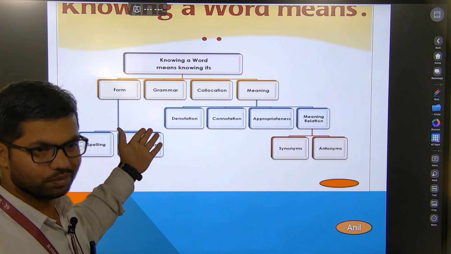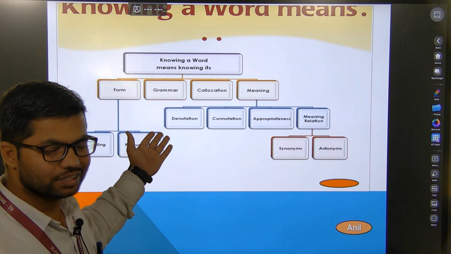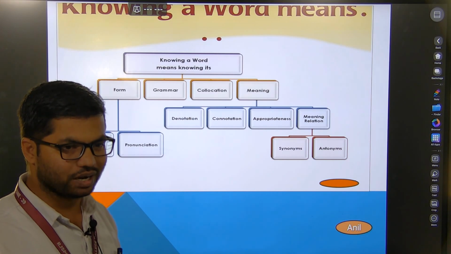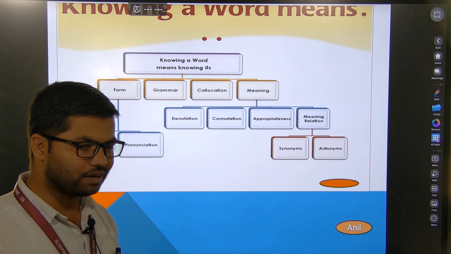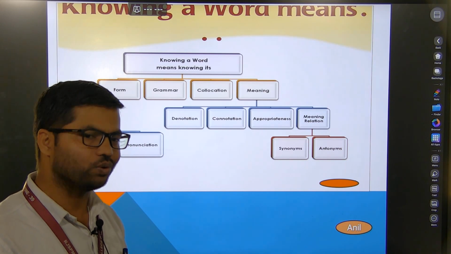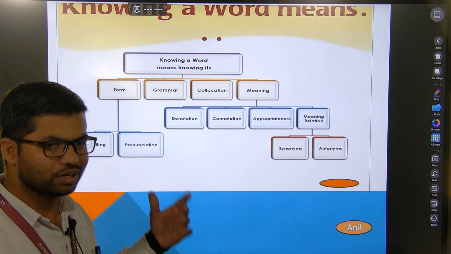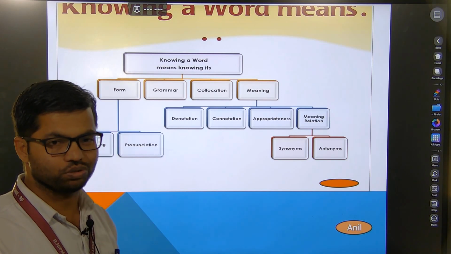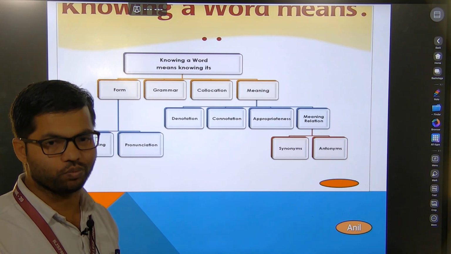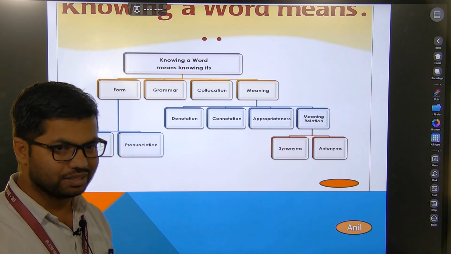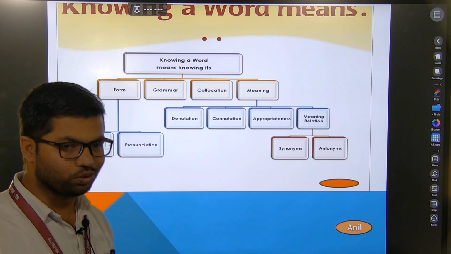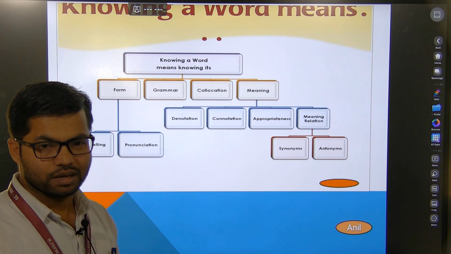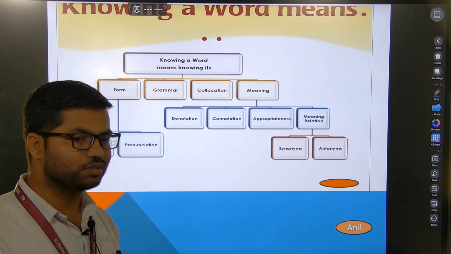Then the grammar. Of course, grammar is itself considered as a meaning, because if you are unable to use proper grammar, if you are unable to understand the grammar, you cannot even decode or encode the meaning of the sentences. Collocations, again, which words go with whom, that also you should be familiar with while looking at words. Meaning: in the meaning again there are different kinds of meanings: denotations, connotations, appropriateness, maintaining relations, synonyms and antonyms.